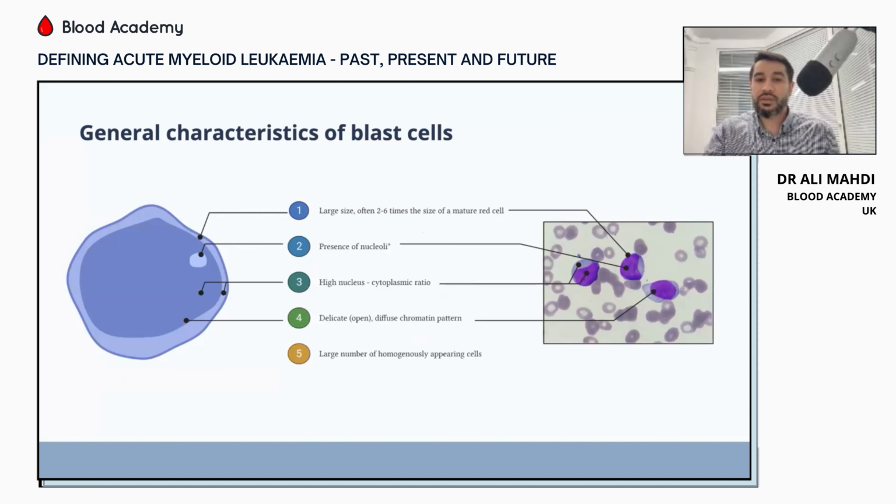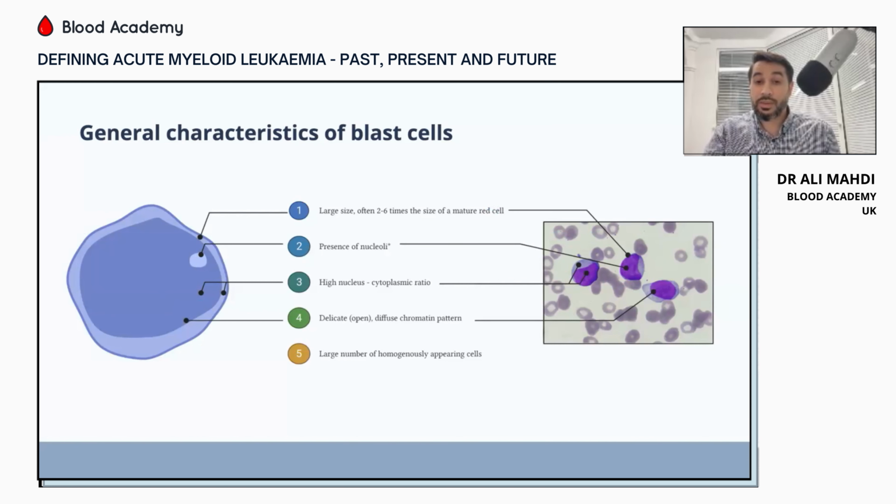So based on those definitions, we can define the general characteristics of blast cells based on these appearances. So generally speaking, a blast cell will be large. And if you use the red cell as your reference, they're often 2 to 6 times the size of a mature red cell. They usually have these immature clumps of genetic material, nucleoli, as we've highlighted just here. There's a very high nuclear cytoplasmic ratio.